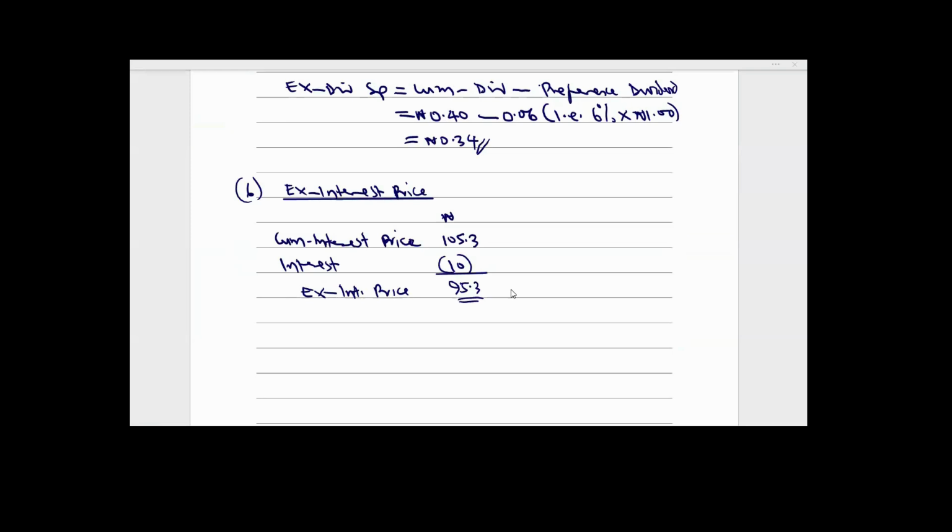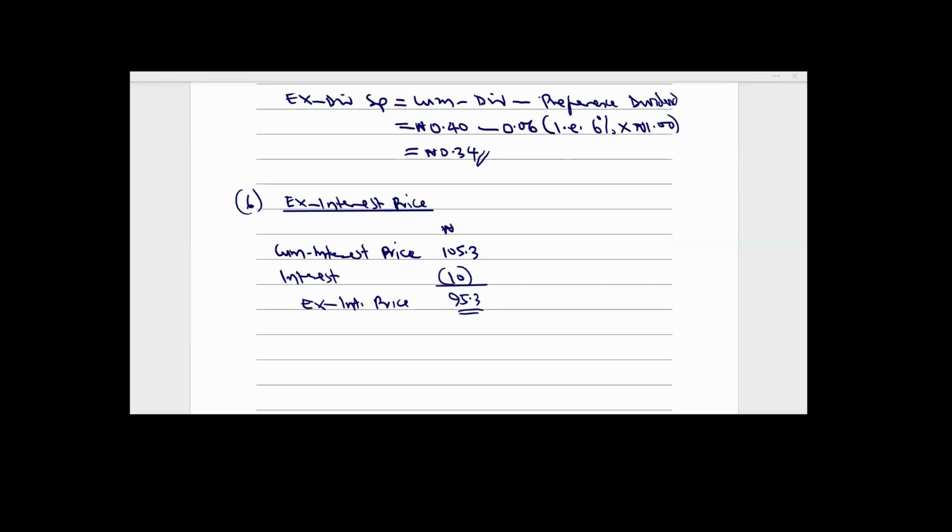All right, so it is in the question, that 105.3 represents the market price of the debenture. But because you are told in the question that debenture interest has not been paid, it means that the 105.3 is cum int price. So you don't use cum int price to calculate cost of capital. You need to convert it to X int price. And that's what we have just done. Is it clear, Timmy?